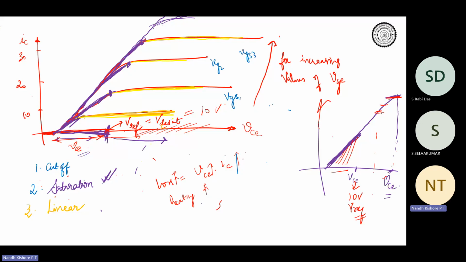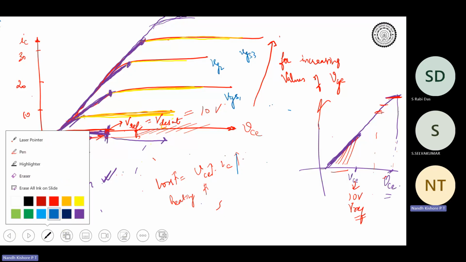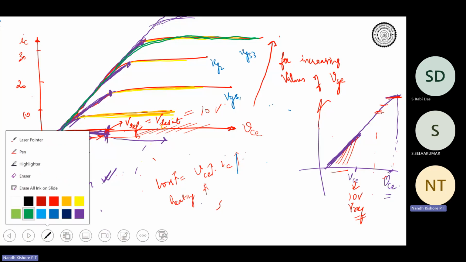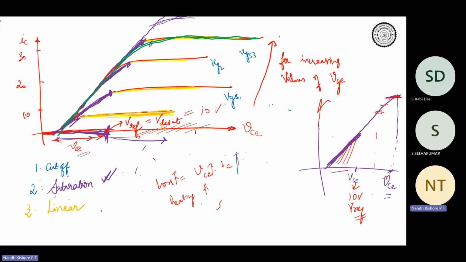Let's say you're operating at 15 volts gate source voltage, which means the 15 volt gate voltage curve corresponds to this green one. So now you know that as a ballpark figure, this is the point at which there is a transition from your saturation region to the linear region in the IGBT, right?